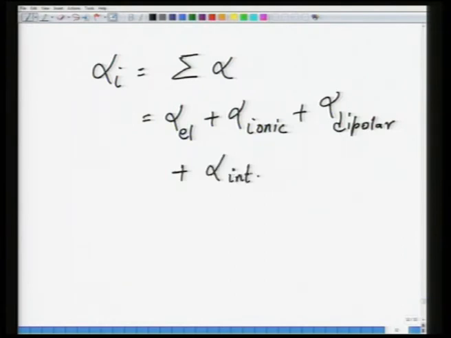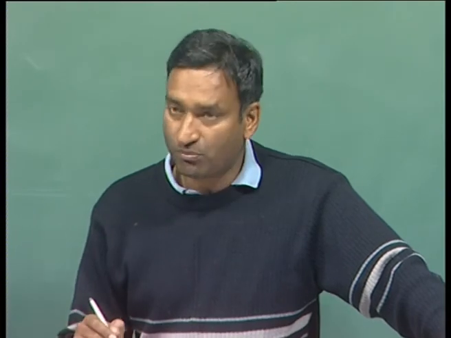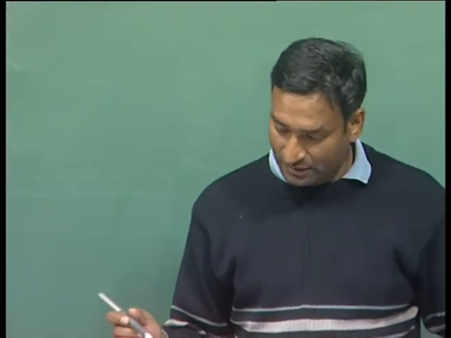So alpha is just like the dielectric constant. Alpha being a microscopic quantity does not mean that it is just one quantity; it is also a sum of all the polarizabilities which arise from all the mechanisms of polarization. So, this we will quantify a little later.